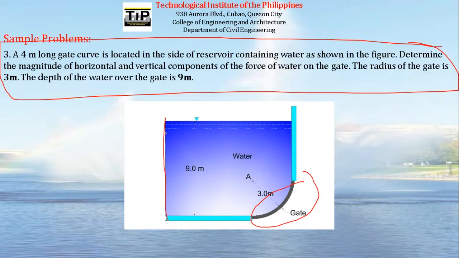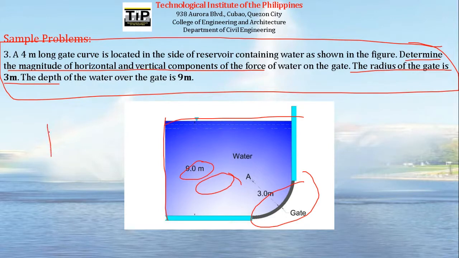It is full of water. Determine the magnitude of the horizontal and vertical components of the force of water on the gate. The radius of the gate is 3 meters. The depth of the water over the gate is 9 meters. So we are looking for F sub H and F sub V.